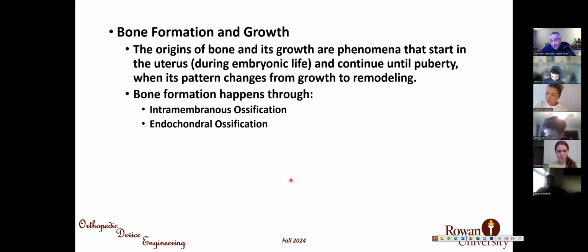And the last one, but the most important one, exercise. The exercise is very important to reach to peak mass of the bone, and it is very helpful.